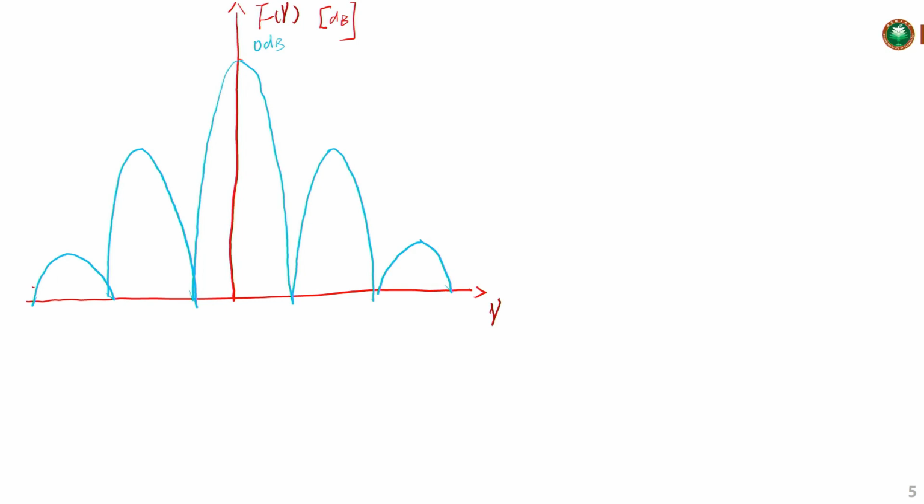So when we get the beam pattern, what we really want to obtain, the first thing should be the main lobe of the beam pattern. Alright, so here is the main lobe, which is what we usually use, or really want to employ. And all the others should be side lobes, alright?